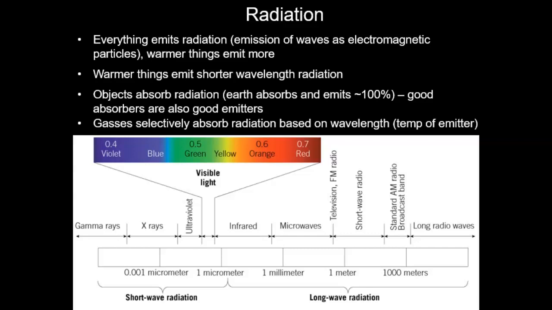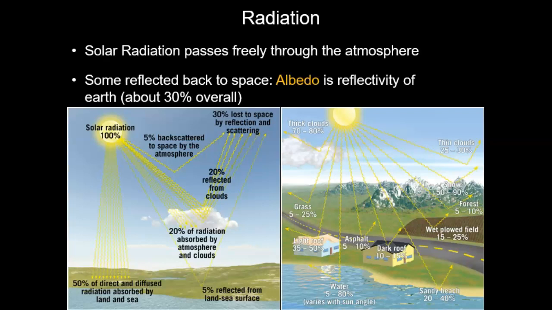They will only absorb and emit certain radiated wavelengths, as we'll see in a bit, and that's going to have an effect on the warming and the cooling of the surface or the areas that are surrounding these gases.